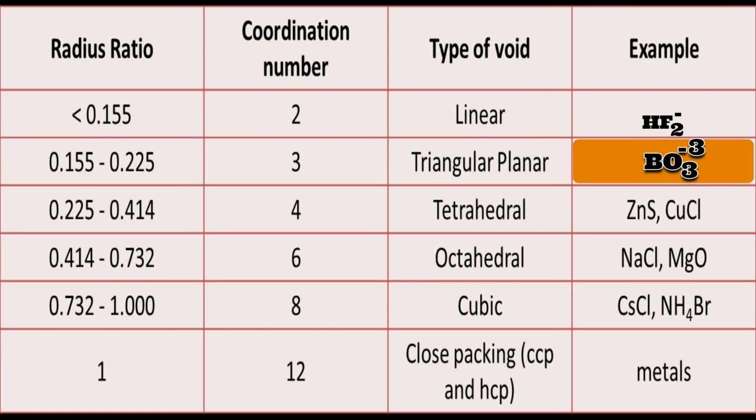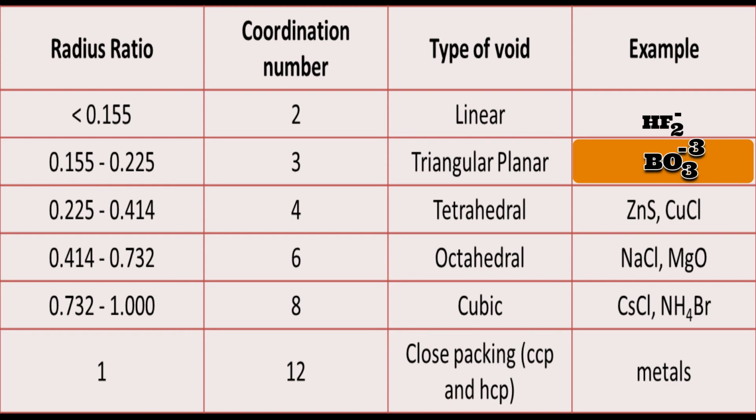If you take the ratio of the size of the cation to the size of the anion, that is, if you find the radius ratio, you will get the answer 0.193. Yes, and that 0.193 comes between 0.155 to 0.225. Therefore, the coordination number will be 3. Around 1 boron plus 3, oxide ions will be there. The site name will be triangular planar.